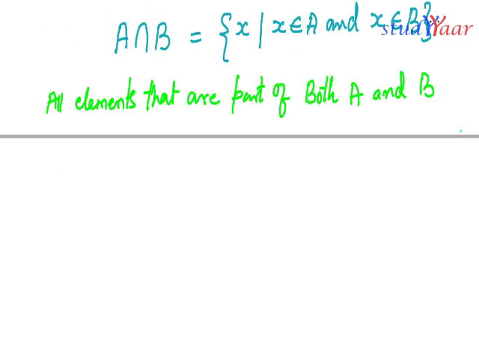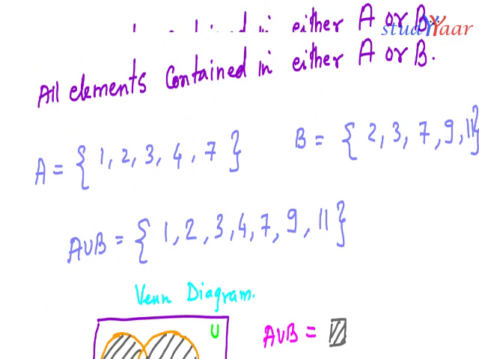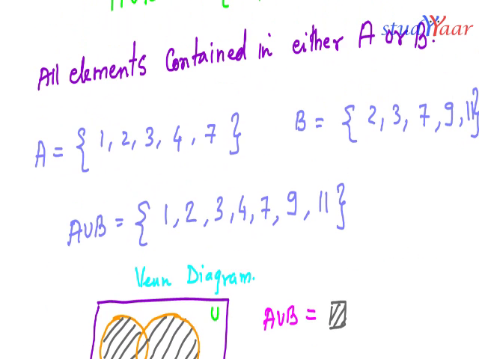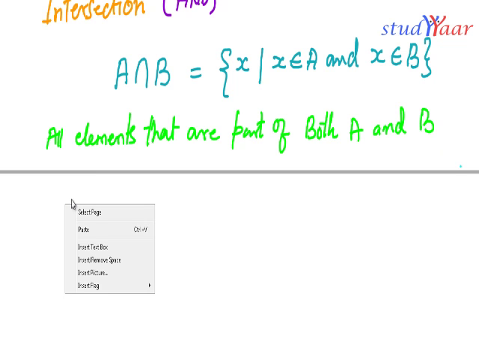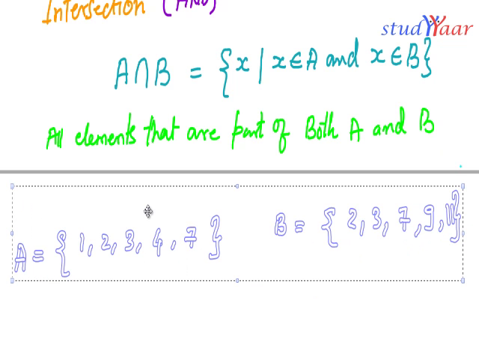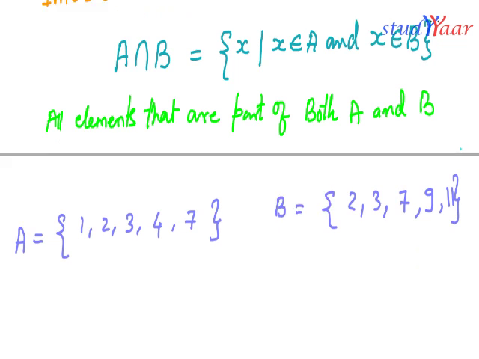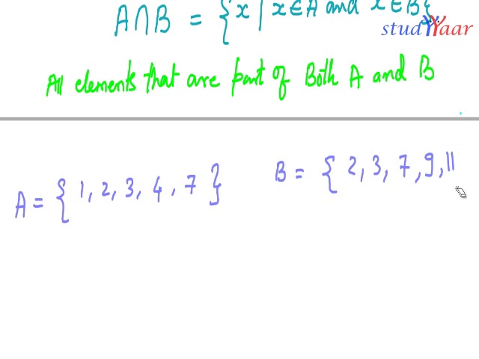So let us take an example. I'm going to take the same example and I'm going to show you what is an intersection over here. Let's make this brace a little better looking.